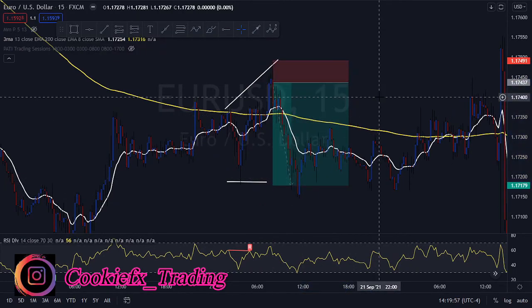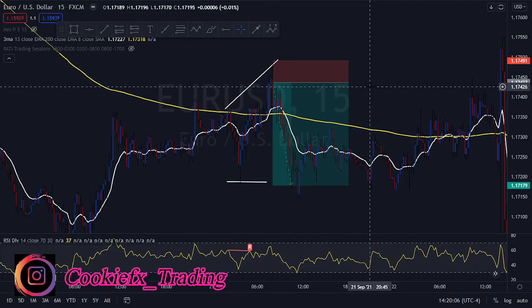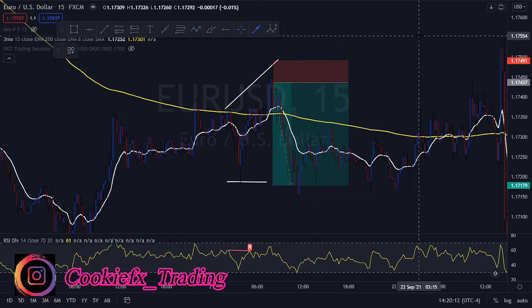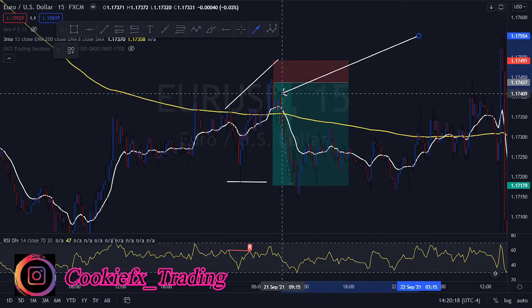So that's why people who trade fake outs, RSI divergence is a perfect strategy to include. And this is what I'm also trying to get at, that the buying power or the selling power as far as divergence reversals, it's not that strong. Look at these wicks.